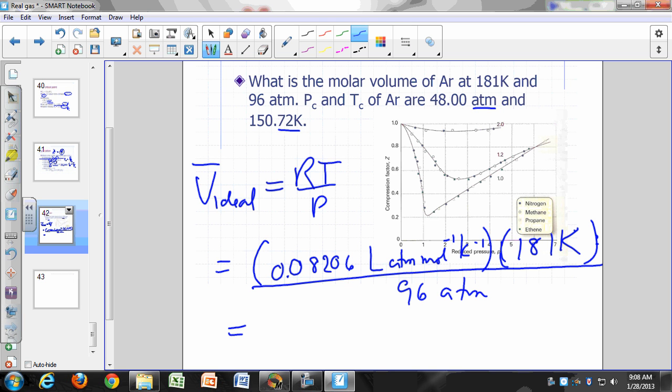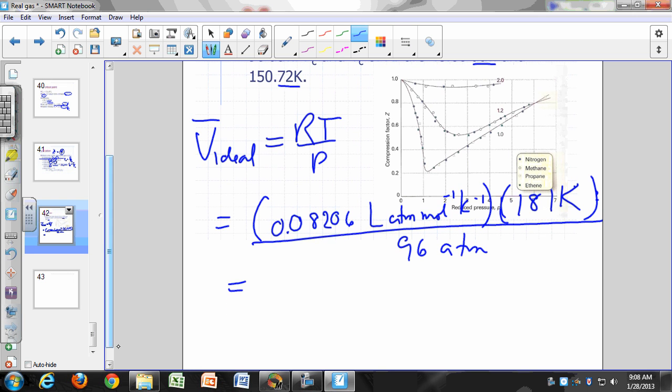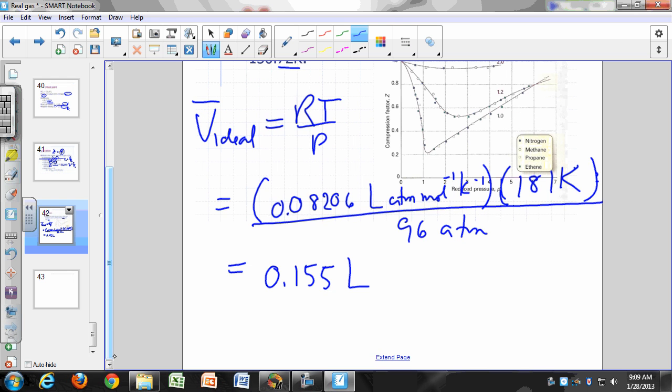So what's our ideal volume? 0.155 liters per mole, right?